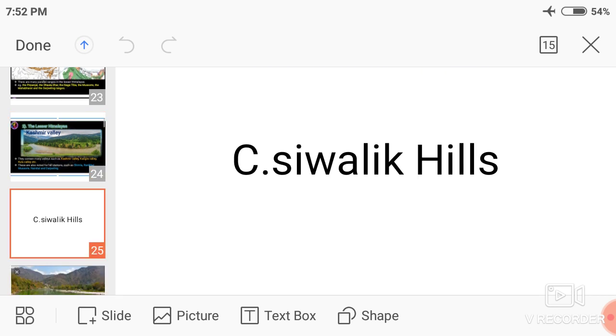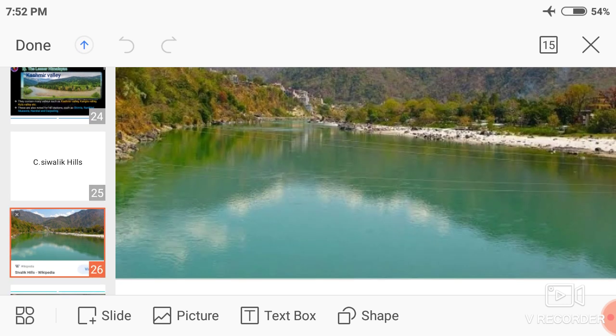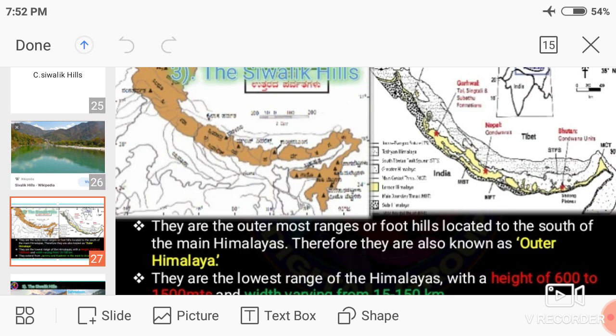Next we focus on the Shivalik Hills. They are the outermost ranges or foothills located to the south of the main Himalayas.